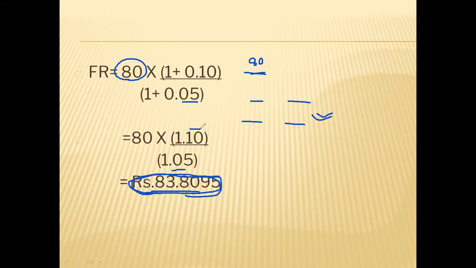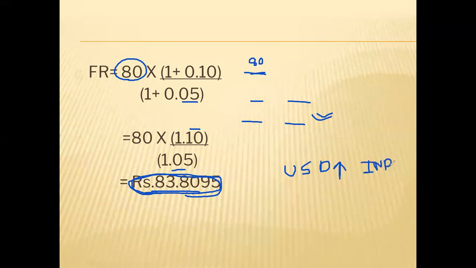Correct. So now understand, if the US dollar's value increases, it automatically means that India's currency value decreases. If the US dollar value appreciates, automatically we can say that the Indian rupee INR value will fall, because it is an equation.